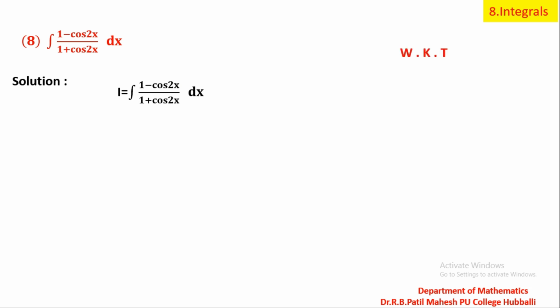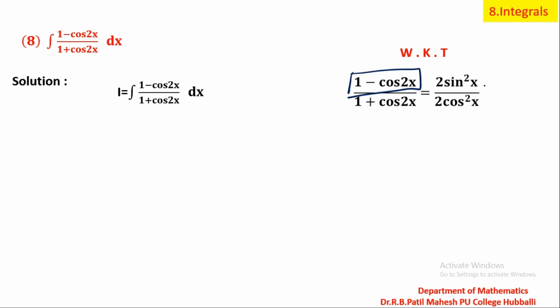We know the formula. I am taking 1 minus cos 2x upon 1 plus cos 2x, the complete fraction. In trigonometry, 1 minus cos 2x is 2 sin square x, and 1 plus cos 2x is 2 cos square x. That you have studied well, and 2 and 2 will get cancelled. Sin square x upon cos square x will be tan square x.